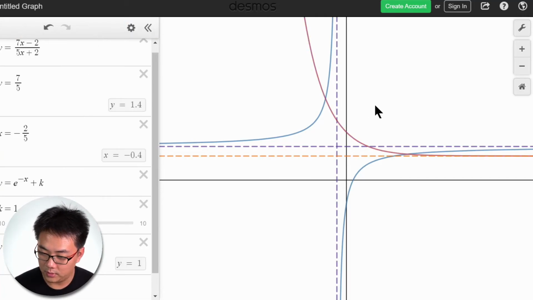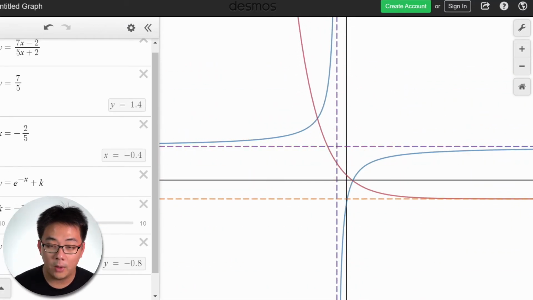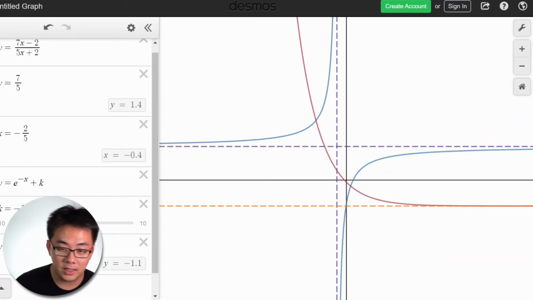You see that with different values of k, it will just move up and down. That's how you visualize things. If you visualize this, it should be quite okay. I don't think it's a very bad problem.